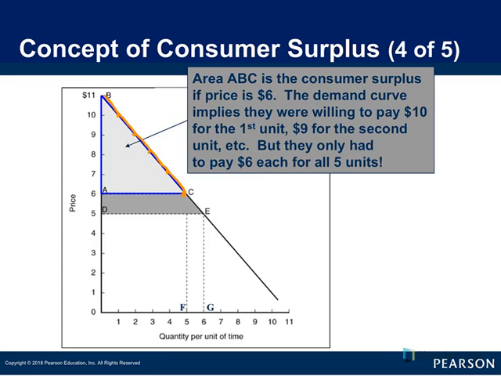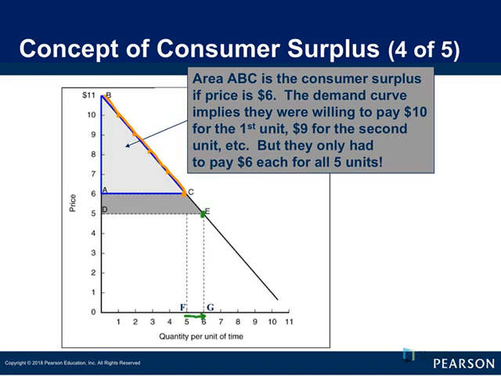So this blue triangle at the very top is the consumer surplus. It's what consumers were willing to pay, but they didn't have to. So when prices decrease, the price of the product goes down to point E. There is certainly, as prices go down on a normal product, an increase in consumption.